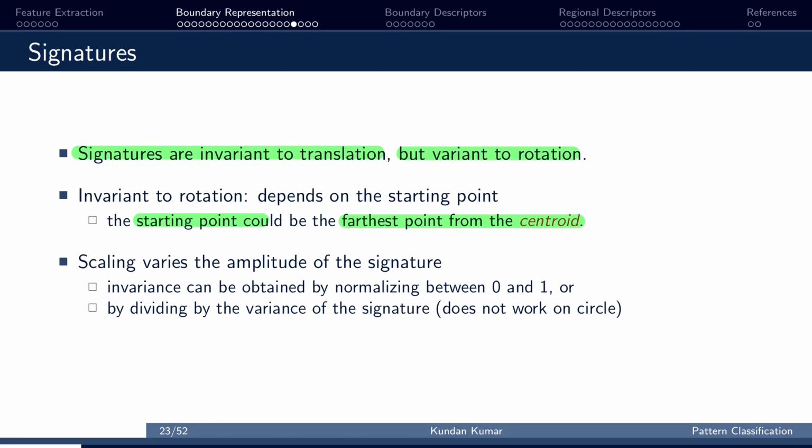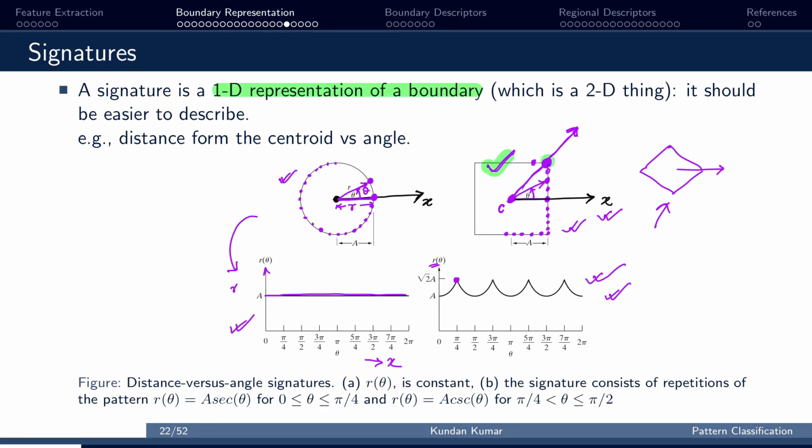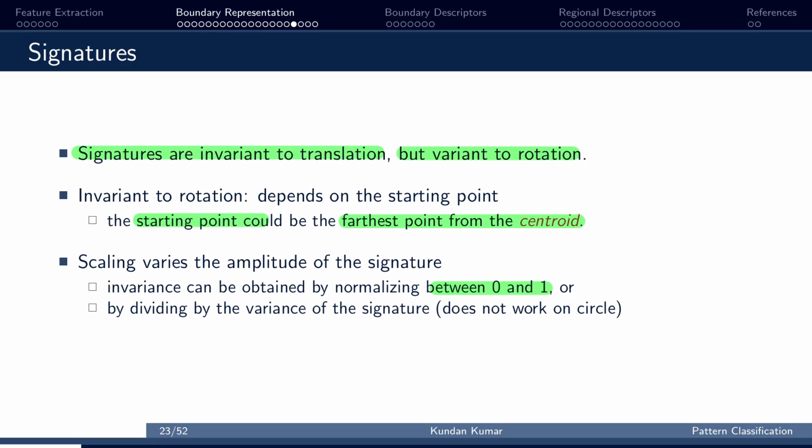And to make it scale invariant, we have to normalize our signature so that the values will be between 0 to 1, because whatever the variations we have here, these values should be normalized. So we have to divide with this parameter, or by dividing by the variance of the signature.